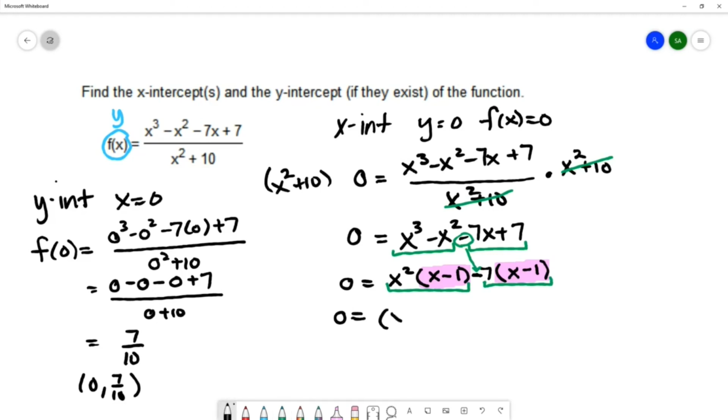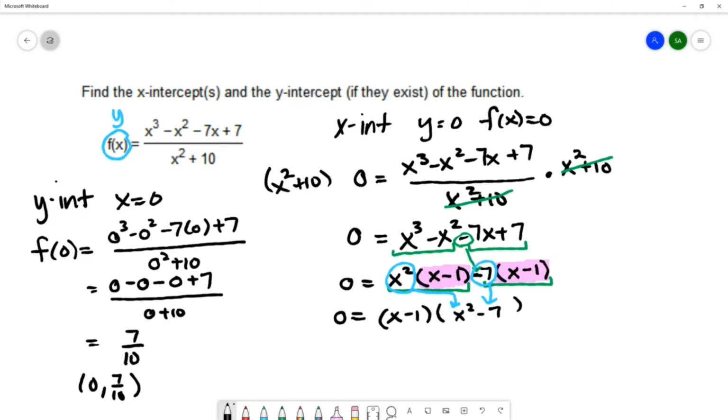I'm going to factor that common factor out. And what's left is this coefficient and this coefficient. So we have x squared minus 7. So now I have it factored. It's 0 equals x minus 1 times x squared minus 7.